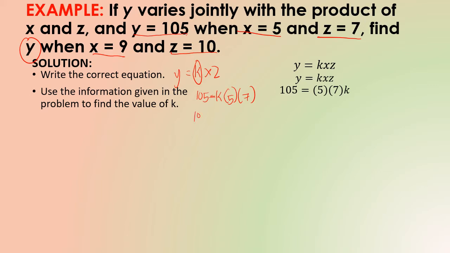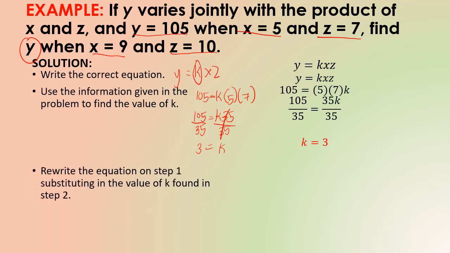So, 105 is equal to k multiplied by 35. And then, kailangan lang natin k. So, divide both sides by 35 para ma-eliminate yung katabi ni k, which is 35. So, k is equal to 105 divided by 35, that is 3. Tingnan natin kung tama. k is equal to 3.